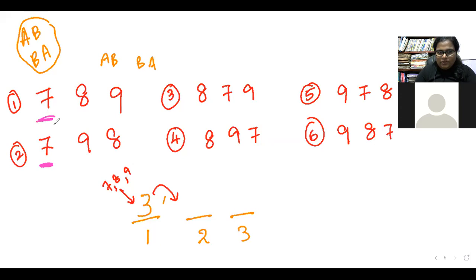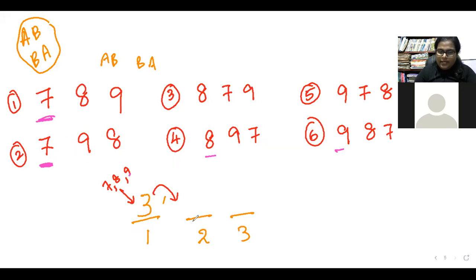If you allocate 7 for the first position, you have 3 digits for this first position. You can use 7, 8 or 9.